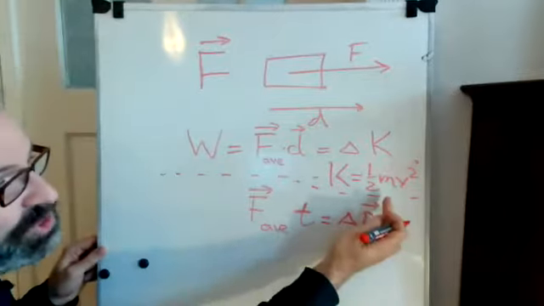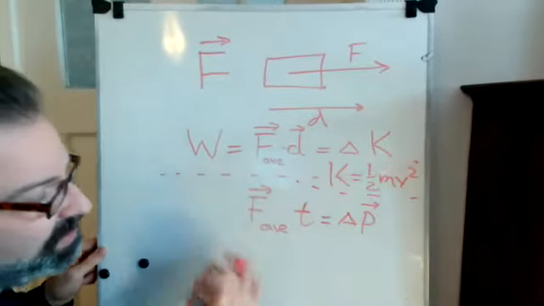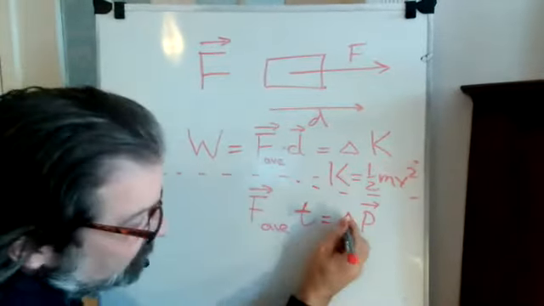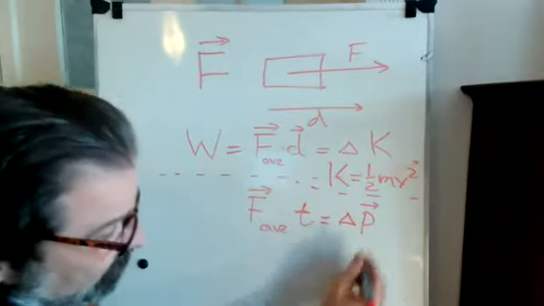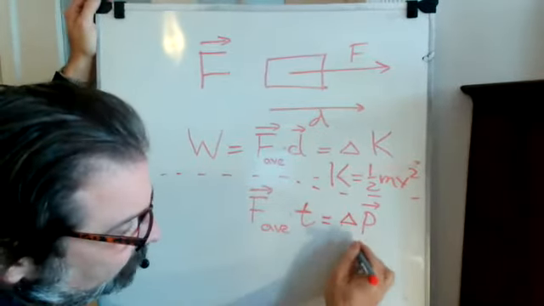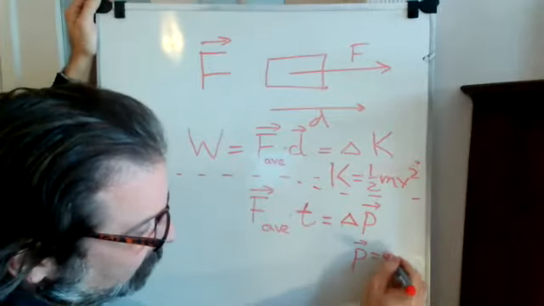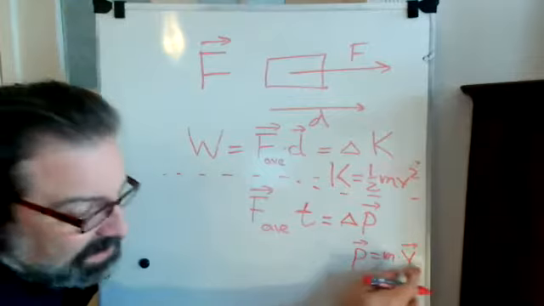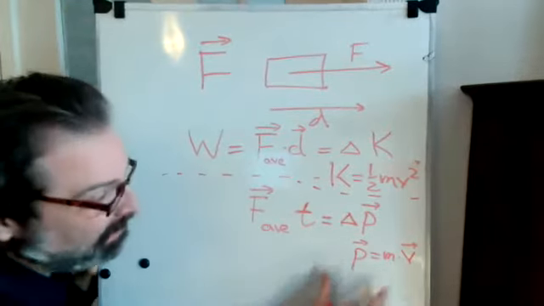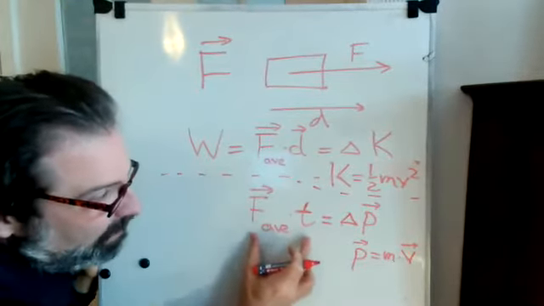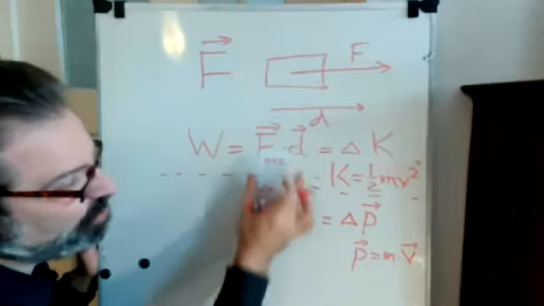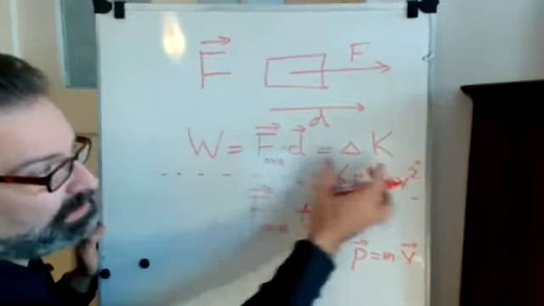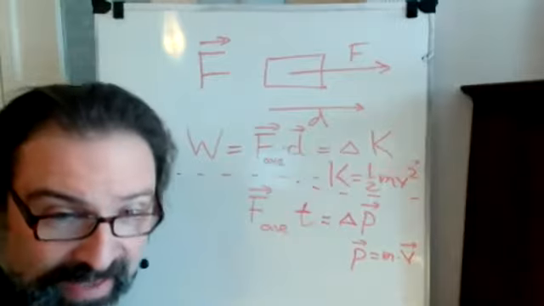That was the thing we changed with work. And now we're introducing this new concept of momentum. Momentum is m times v, mass times velocity. And this thing that we're applying to it changes it, just like work changed the kinetic energy.